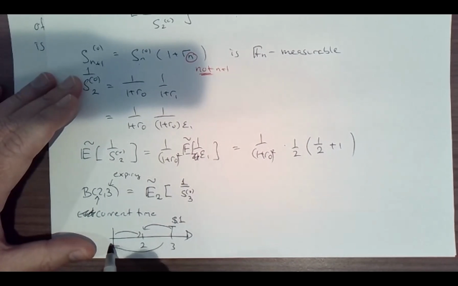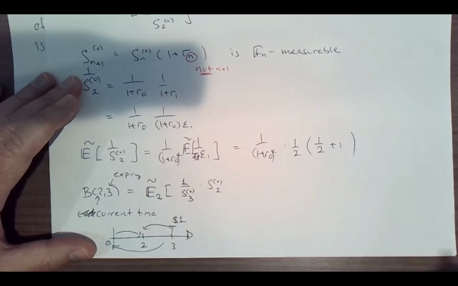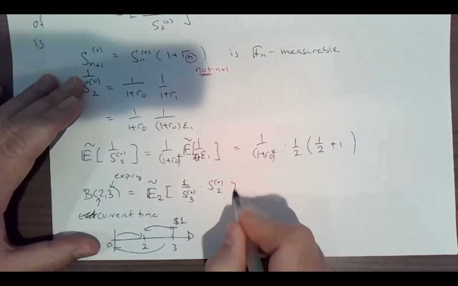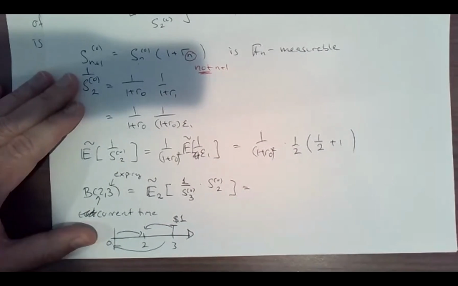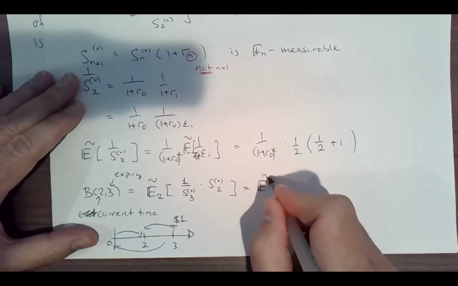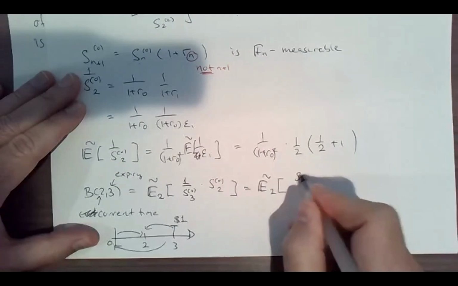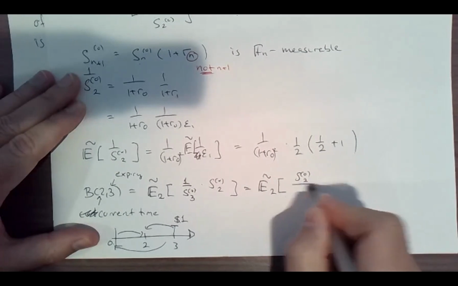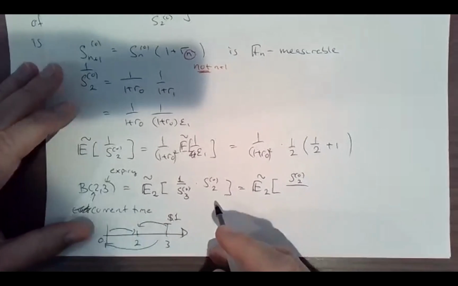So now we're back to time 0, and then you move it forward. So this will be a conditional expectation. So we have your S02 up there, and then you'll plug in the definition of S03 here.